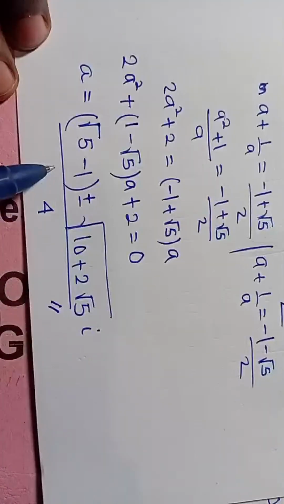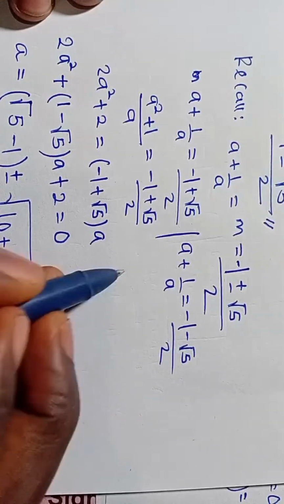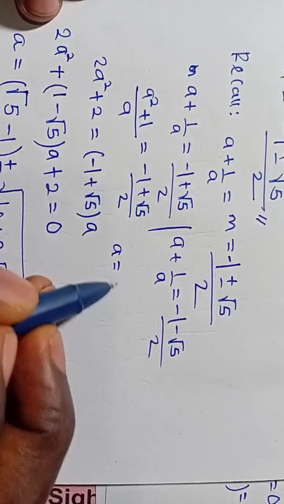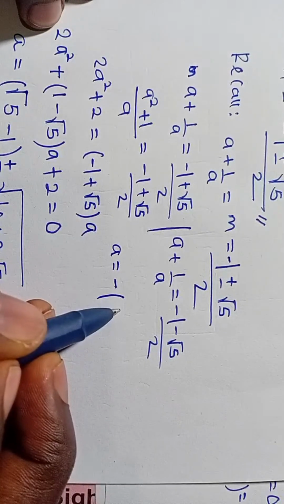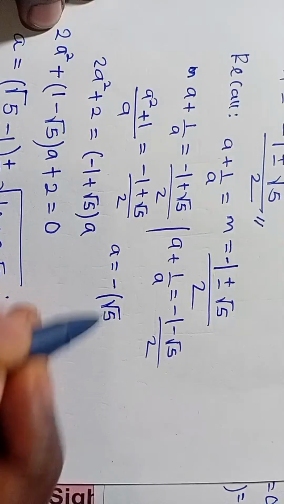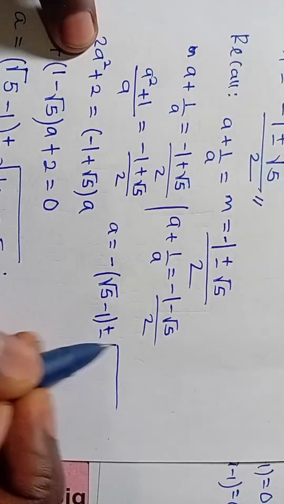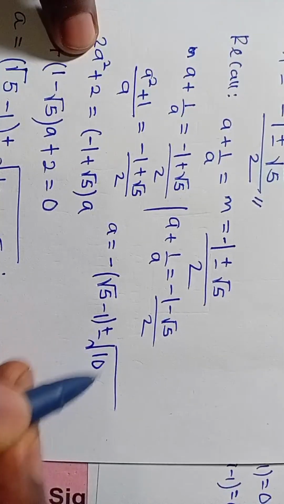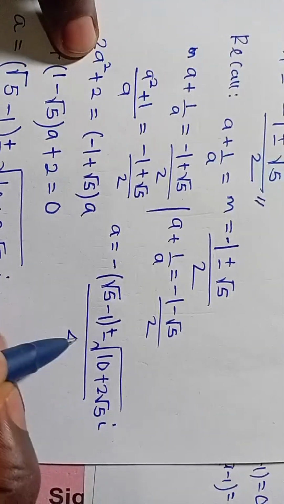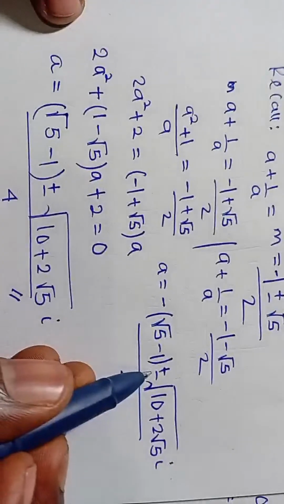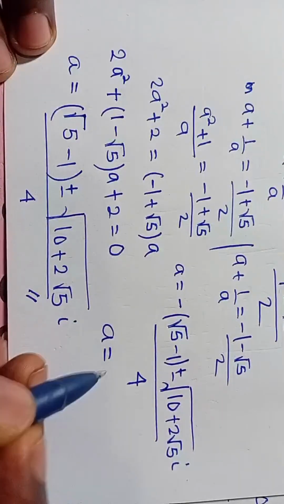And there is another solution again. In this case, we're going to have a to be minus root 5 minus 1, positive or negative, root of 10 plus 2 multiplied by root 5 i over 4. These two solutions make it four, plus a equals 1.